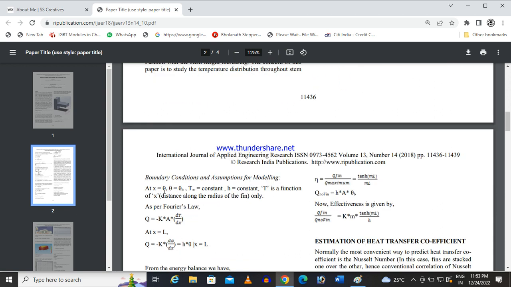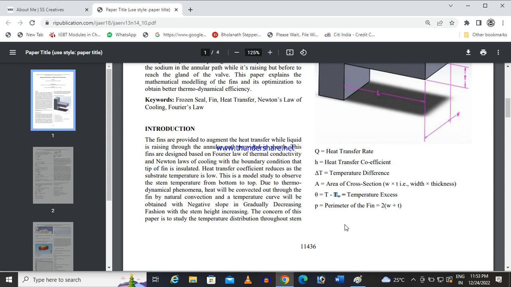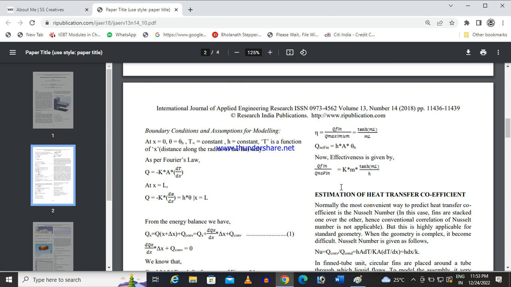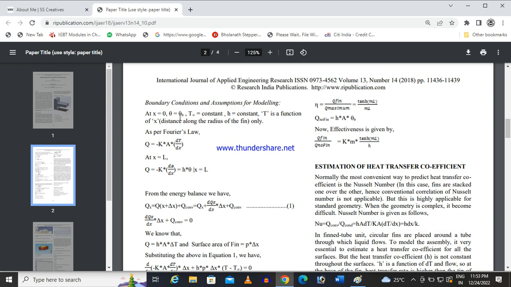So at X is equal to 0, the theta is theta B. What is theta? Theta I already defined. Theta is the instantaneous temperature along the x-axis minus the ambient. So at X is equal to 0, your temperature excess is equal to theta B at the base.